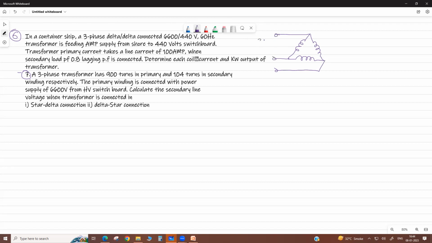This is your three-phase 6600 volt. Okay, three-phase. Now the secondary side is also delta connected. It is connected to a three-phase load.